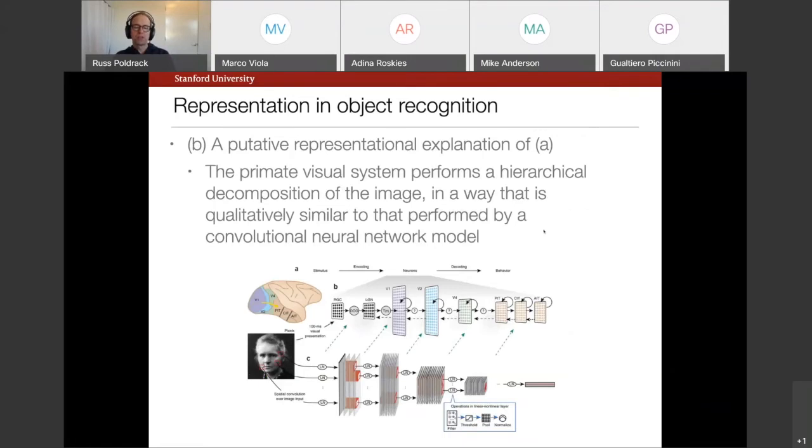Well, the representational explanation that I want to give here is the one that basically links artificial convolutional neural networks to the primate visual system, basically claiming at least that both of these systems perform a hierarchical decomposition of an image, right? Starting with very low level features, hierarchically building up to very high level features.